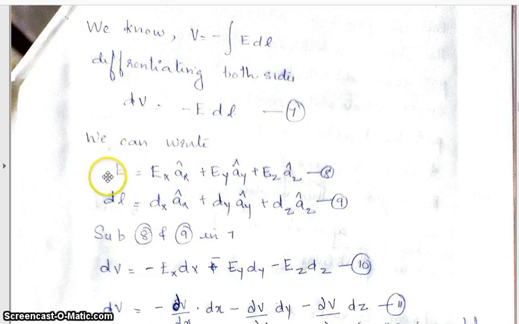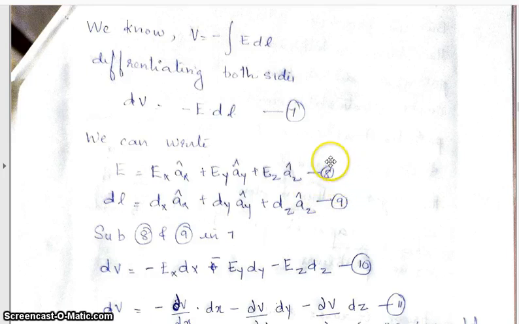And we studied in the coordinate system that if E is a vector, then it can be represented as Ex ax plus Ey ay plus Ez az. Similarly, a differential length dl can be represented as dx ax plus dy ay plus dz az in the rectangular system.